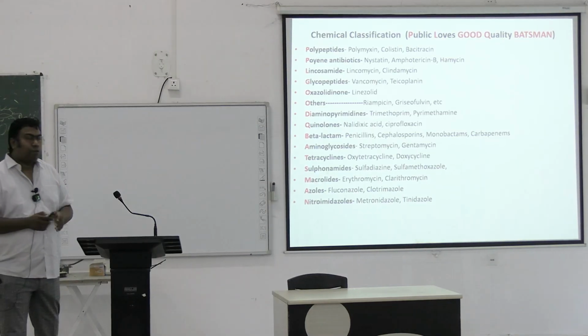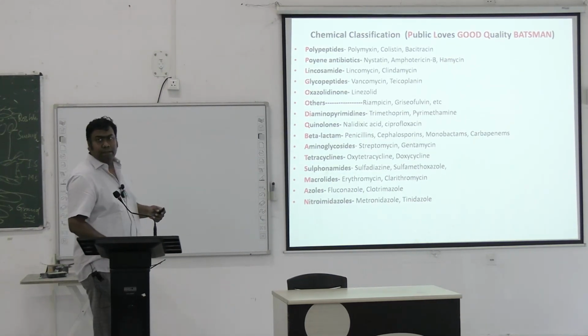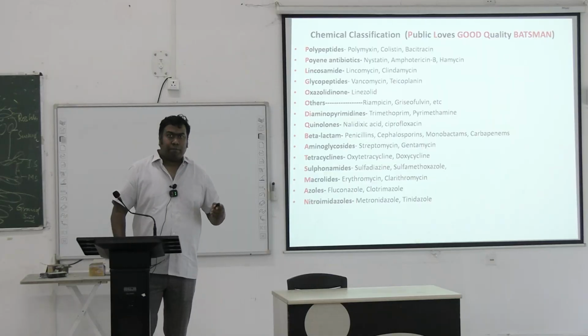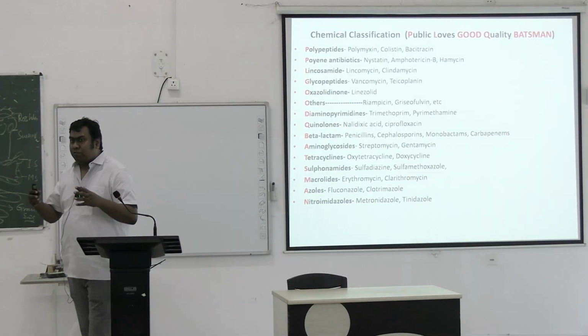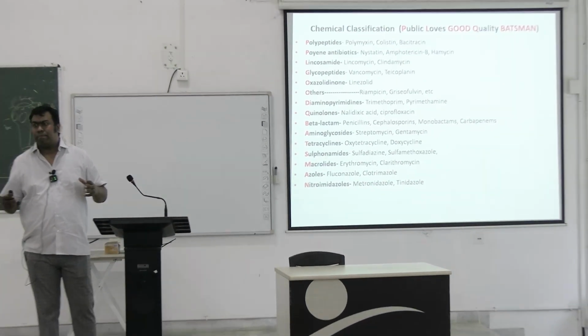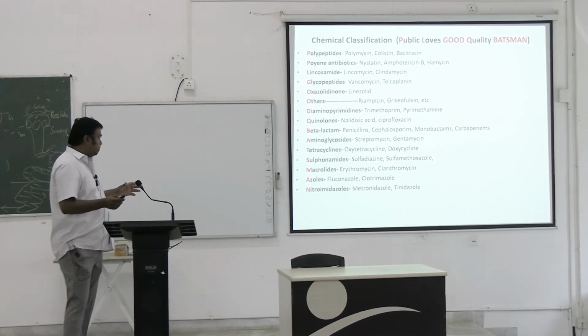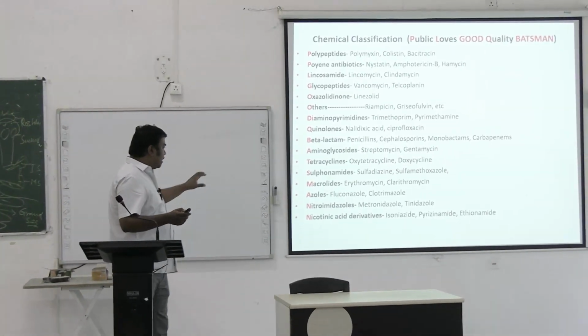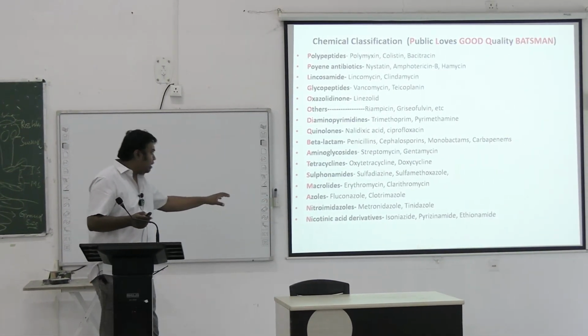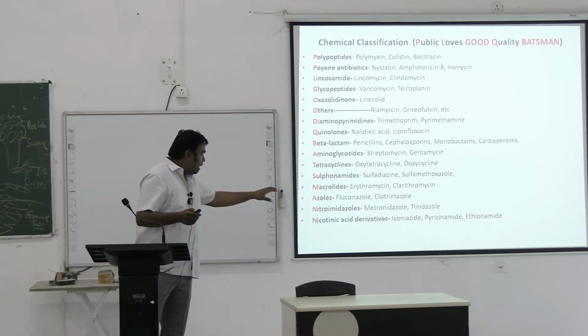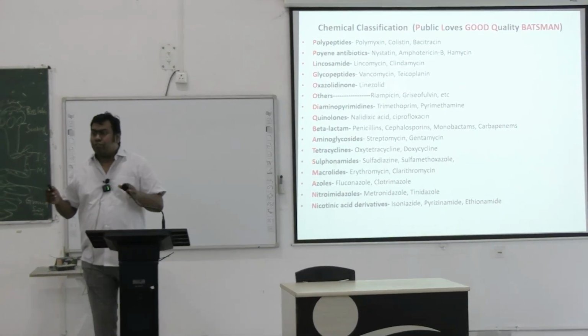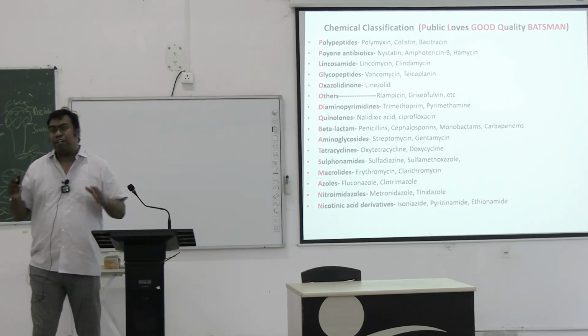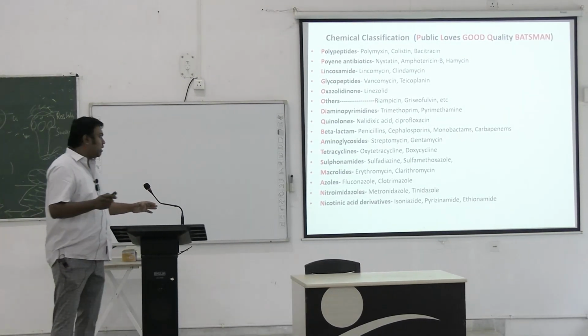It can also be used in anaerobic bacteria. Which can be used in anaerobic bacteria? Clindamycin. Clear? Then nicotinic acid derivatives, isoniazid, pyrazinamide and ethionamide. Where are they used? Antitubercular drugs. These are antitubercular drugs.